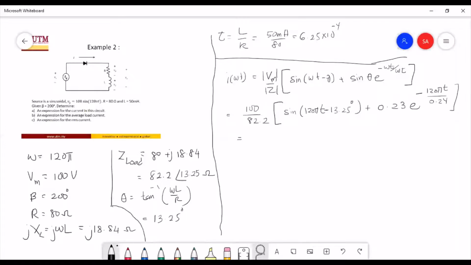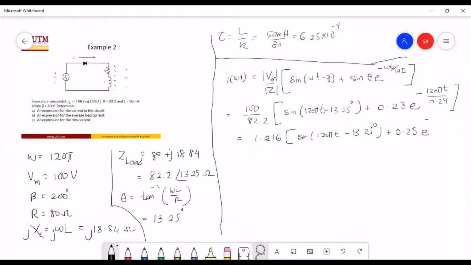Also you can simplify this. It will give you 1.216 sine of omega t minus 13.25 degrees plus 0.23 exponential of negative 120 pi t divided by 0.24, which gives you about 1,500 t.